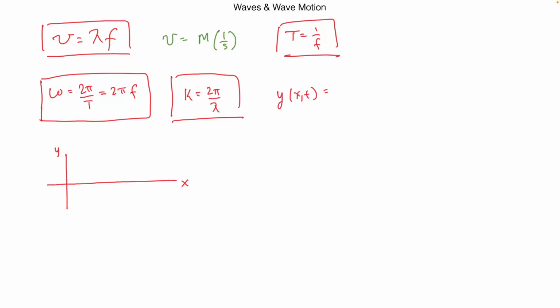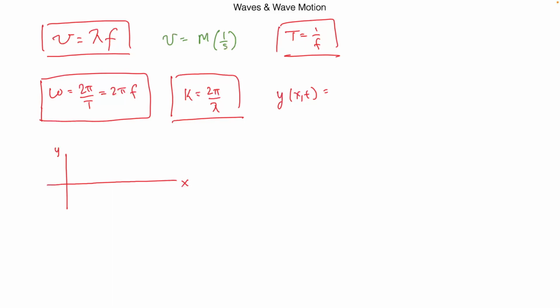So this function, y, as a function of where you are horizontally and what time you're at, is going to give you where you are up and down. If we feed a bunch of positions and a bunch of different times in here, we will get the curve, but the time will give it the motion. And since we can't do that on paper, we ignore the time axis.